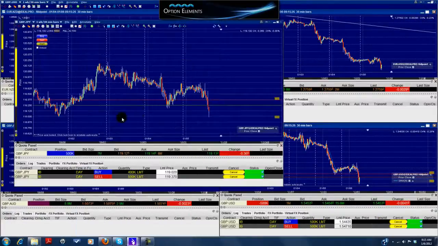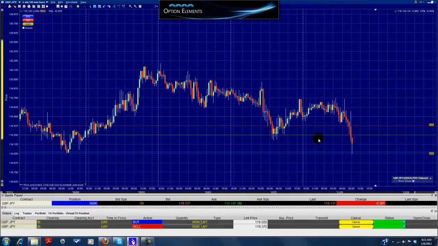The yen. Here we are. So when I was talking about being stuck in the middle of the range, okay, the green line represents our break-even line on this trade. We already made money on our first trade on the yen, so that doesn't reflect in this green line here. Notice our green line is pretty much in the middle of our range. That's really not where we want to be.